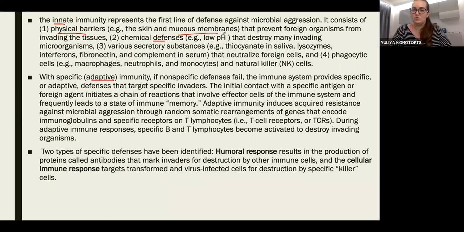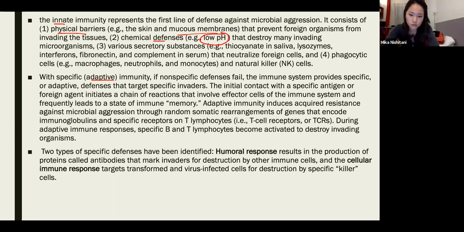Chemical defenses, so low, acidic pH. For example, in the stomach, what is the pH? Somebody knows? Around 2. It's actually 2. It's super acidic, so the pH is 2. It's very, very low.